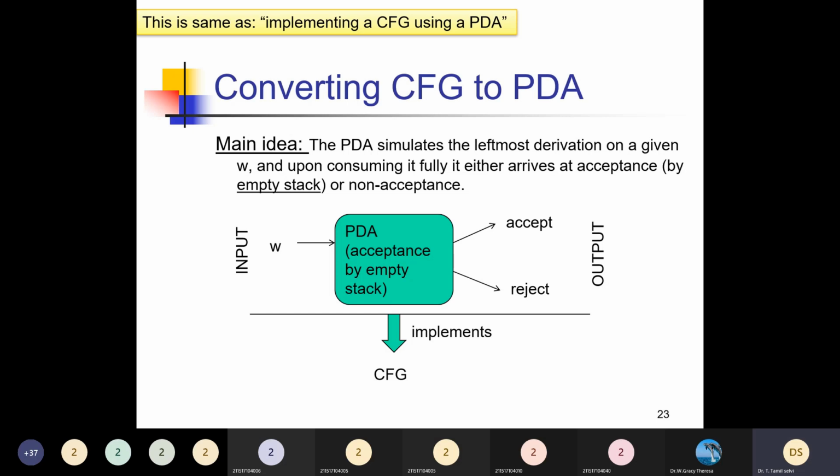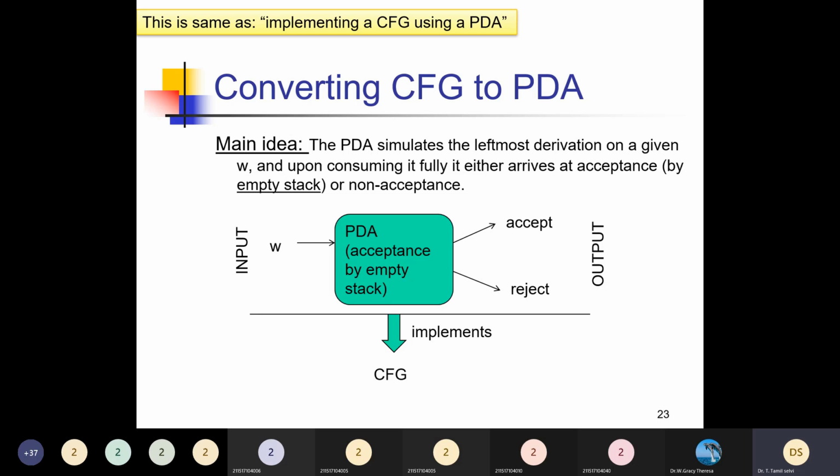Okay, that is the production. So the PDA simulates the leftmost derivation, where at each step the leftmost non-terminal is replaced by its production. So the PDA simulates only the leftmost derivation on the given input string W, and consuming it fully, either arrives at acceptance or non-acceptance.